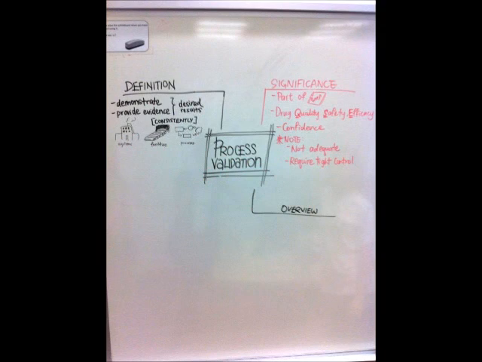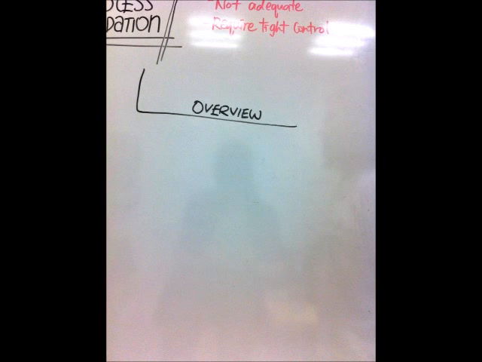So let's move on. Let's talk about the components involved in process validation. What are they actually, Dr. Dexter? Well, the overview of process validation has three parts. Firstly, the process design. Secondly, process qualification. And thirdly, continued process verification.